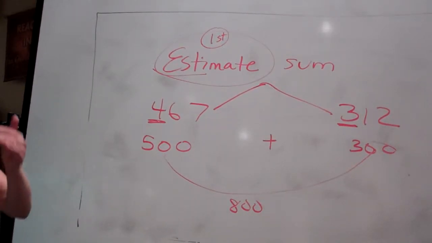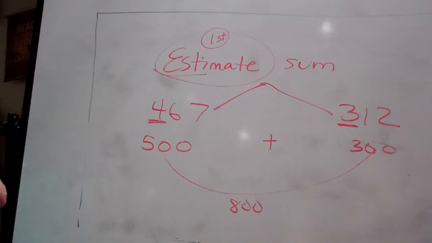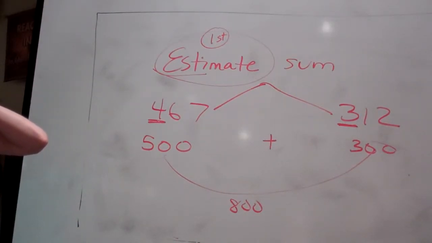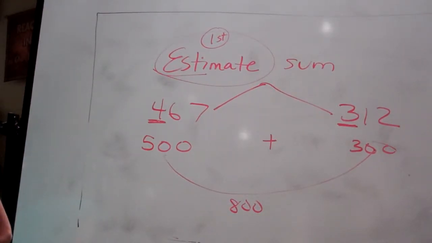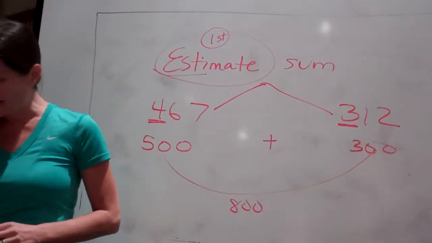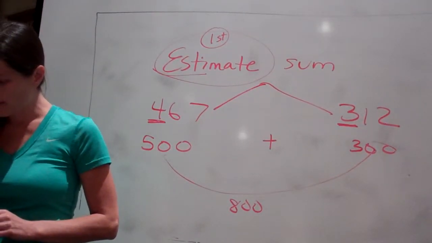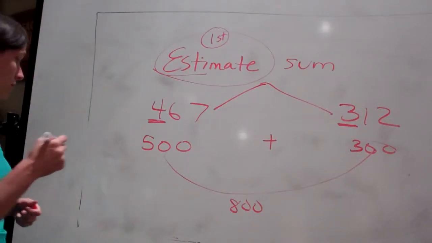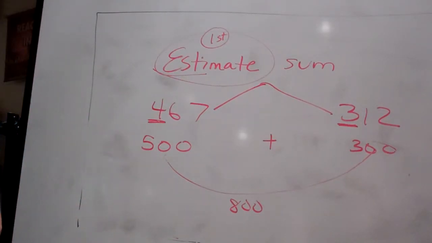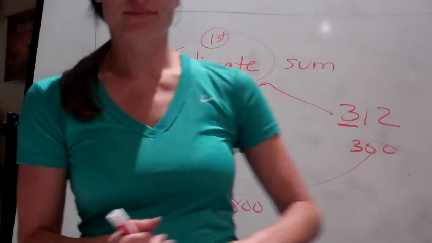Remember, how many more means I need to do subtraction. So you would subtract 7,000 minus 4,000, and your answer would be 3,000. Don't answer 3. 7 minus 4 is 3, but 3 is wrong. It's 3,000, because we're working with thousands. Everybody got it?